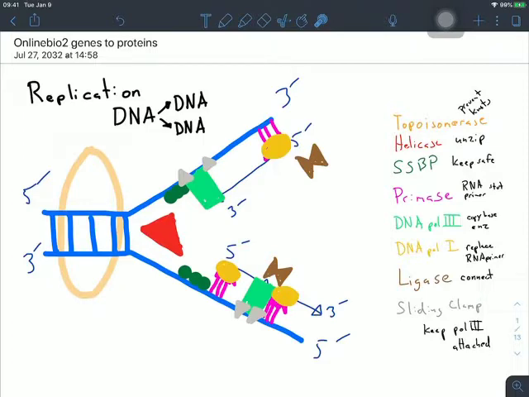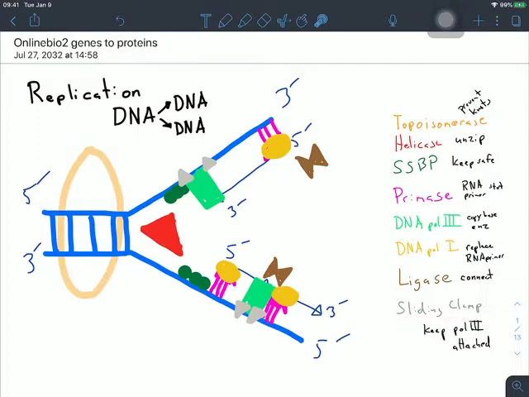Once DNA polymerase 3 has extended and added the new bases, DNA polymerase 1 will come through and replace the RNA primers. After all, RNA is not stable for long periods of time, as we'll talk about more today. And then, to wrap things up, we had DNA ligase connecting our separate Okazaki fragments to result in two newly synthesized strands of DNA.